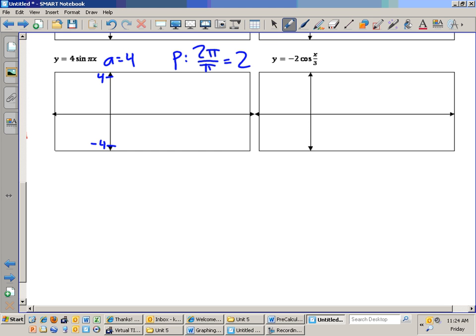Very good. So now we're going to divide this up into 4 equal sections. Why do we divide it up into 4 sections? That models the 4 quadrants of the unit circle. So 2, divide in half to get 1, 1/2, 3/2, negative 1/2, and so on.